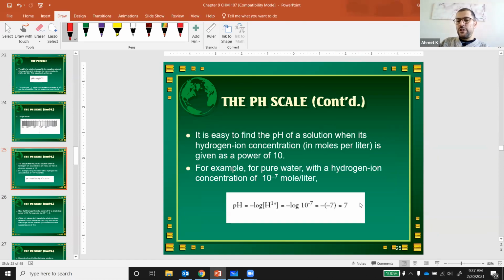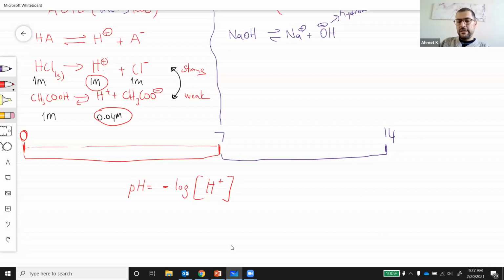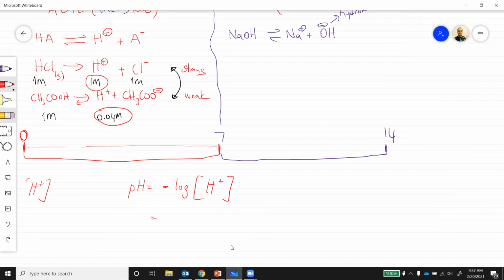We're just going to use 10 to the negative power, and this is going to be an integer. And I'm going to show you how you can do that without using the calculator.